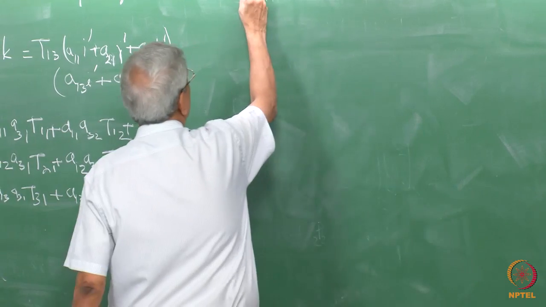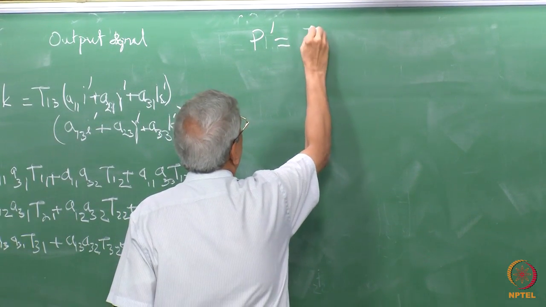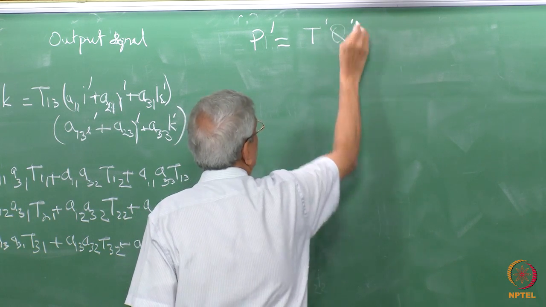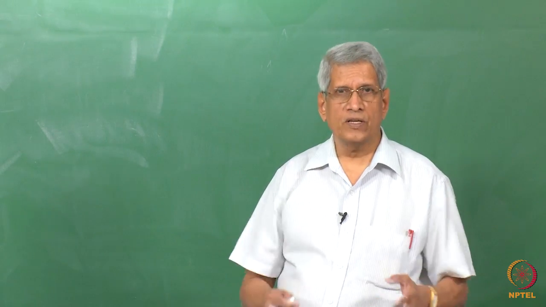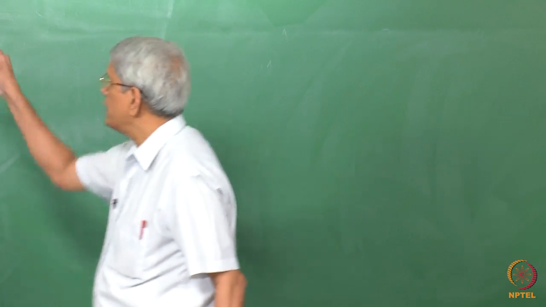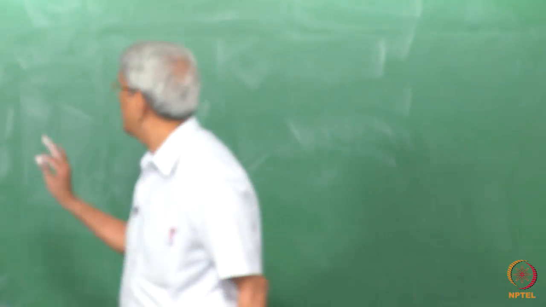So the expression which we write is P dash equals T dash into Q dash, right? How can you do this transformation? First, let us look at this P dash itself.